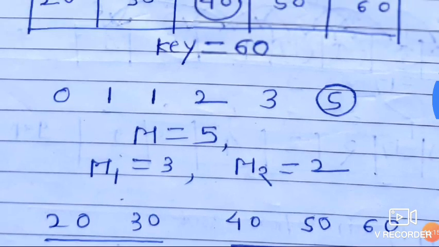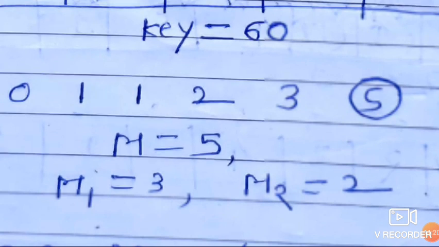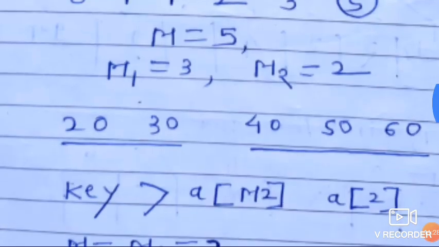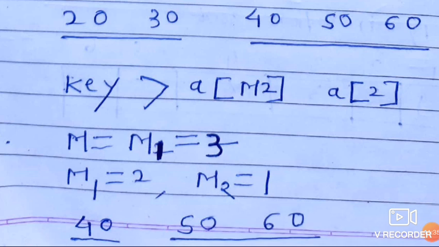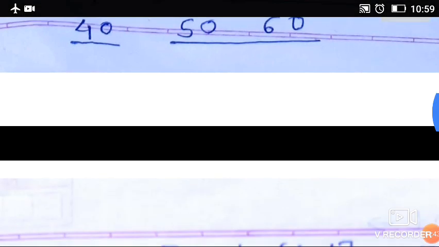Again, from the Fibonacci series, m is 3, therefore the preceding two values are 2 and 1, so m1 equals 2, m2 equals 1. Again, we compare key with a of m2 plus offset. Key is 60 and m2 is 1.